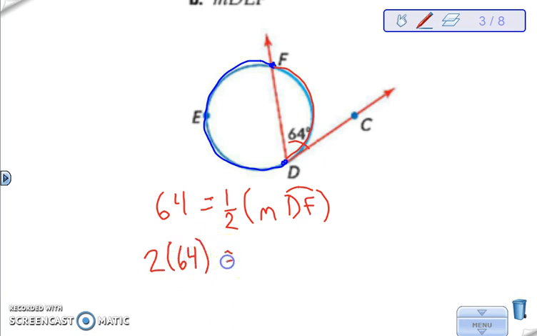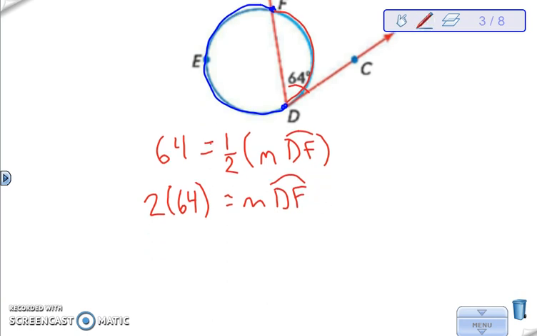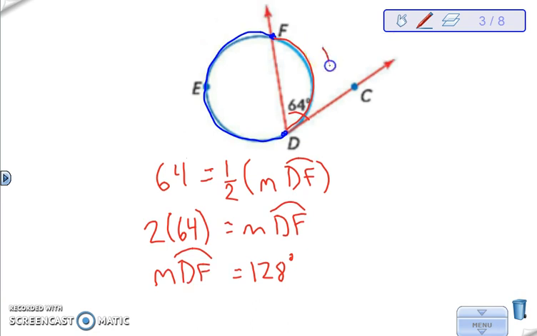Solve, right, work it backwards. So we know the measure from arc DF is 128 degrees.